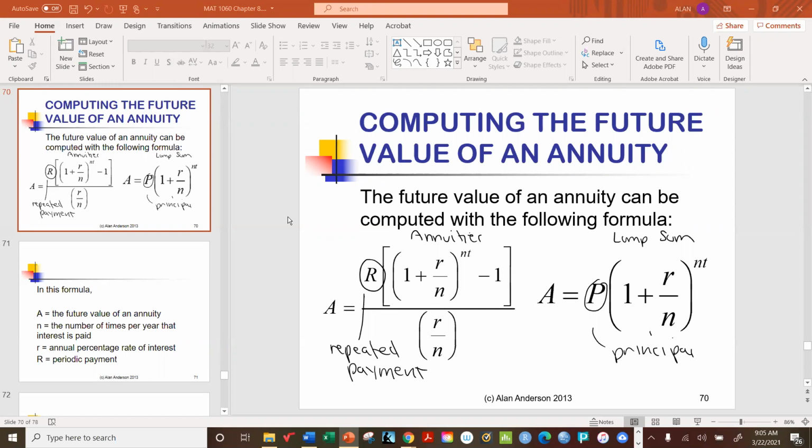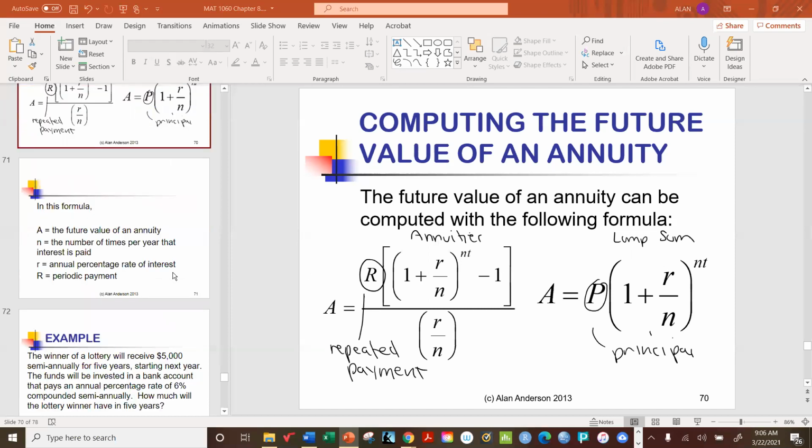As long as we're careful, there's no reason why we should have any problem with this brand new formula, which, like you said, is pretty frightening looking. But you know what? So was this one too when we first saw it, wasn't it? It's not frightening now, is it? No, in fact, it's kind of easy. So the same thing will happen here after you've done enough of them. You'll start to say, you know, this isn't so bad. Yes, you will. It's hard to imagine now, but yes, you will.